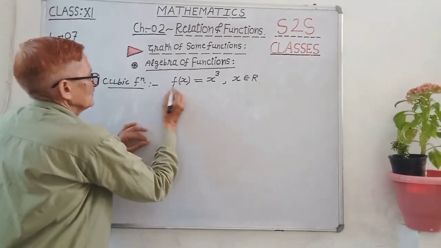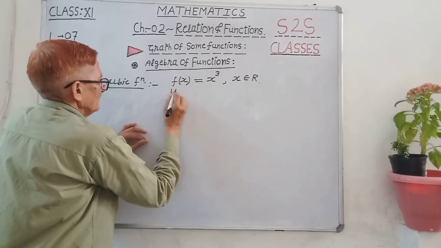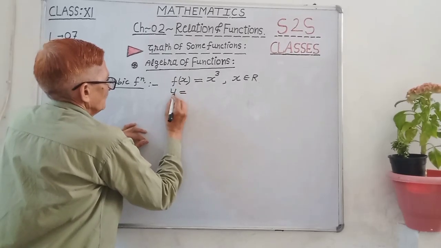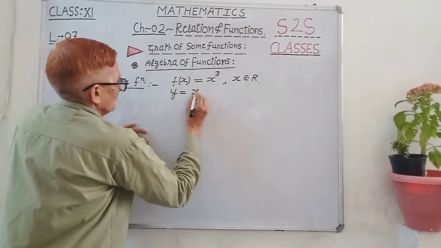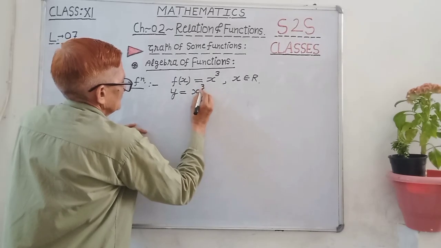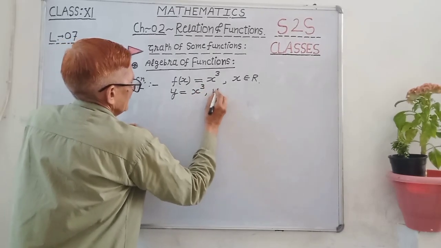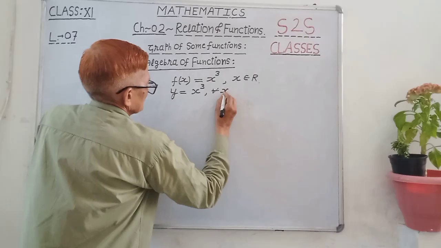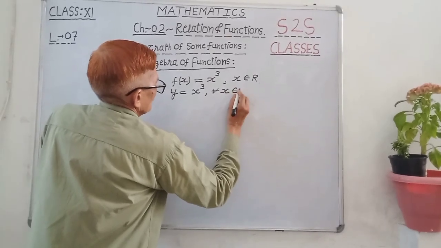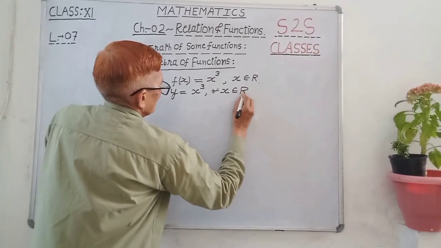This is y = f(x) = x³ for every x belonging to real numbers.